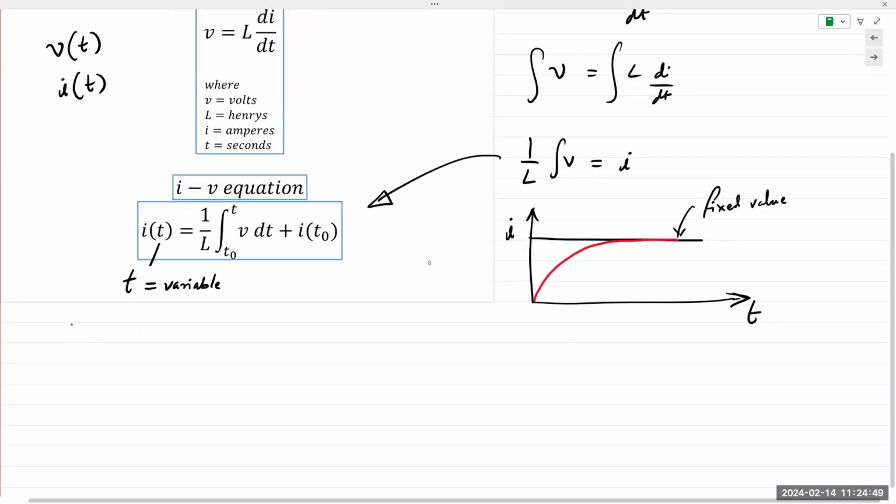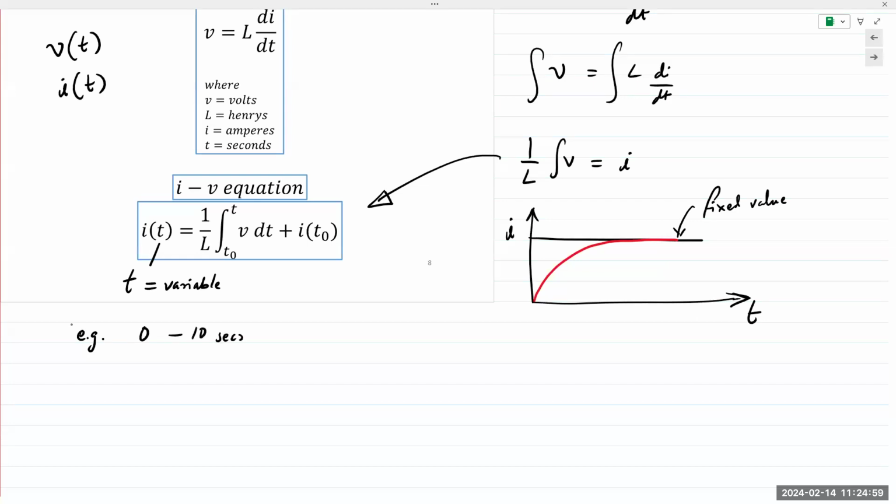As an example, let's say you're analyzing a system. Okay, you're working with a system and the time is from 0 to 10 seconds, let's say. For your analysis, you could break up this time period into multiple parts, whether 10 parts or 100 or thousands, doesn't really matter.